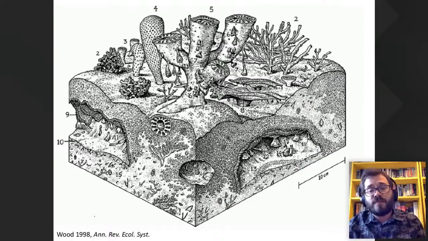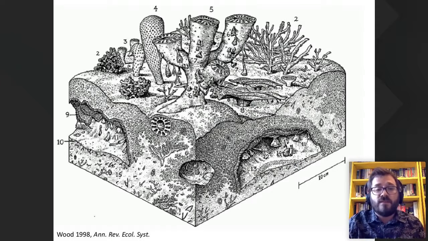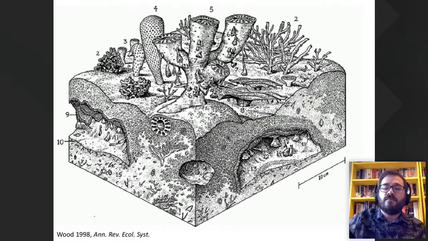And again, they start to build much more complex ecosystems with greater degrees of interaction above and below the sediment, dominated by things like these early sponges that started to build more and bigger structures.